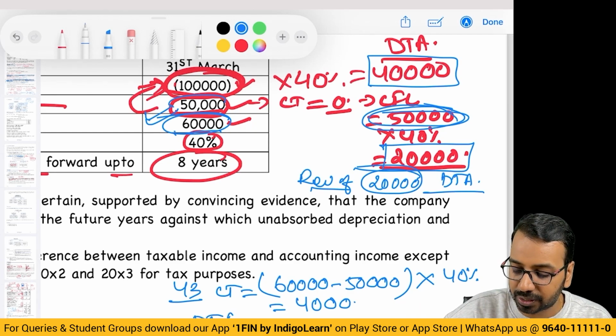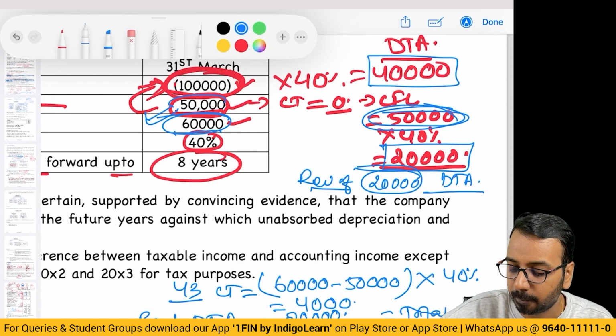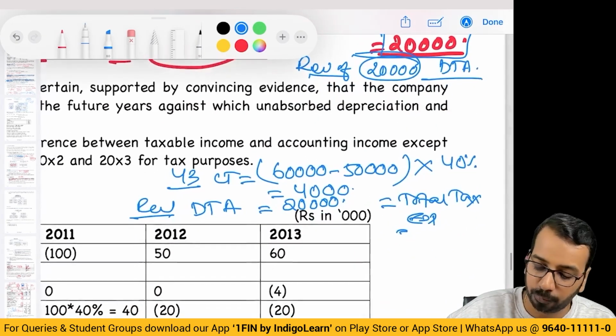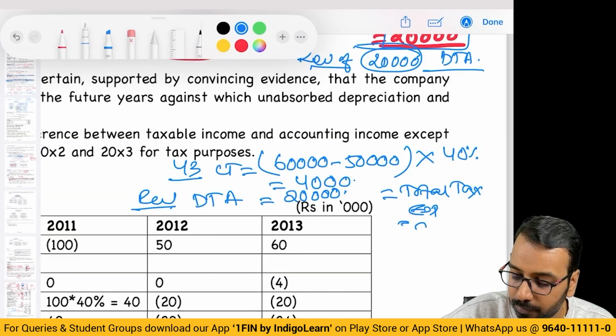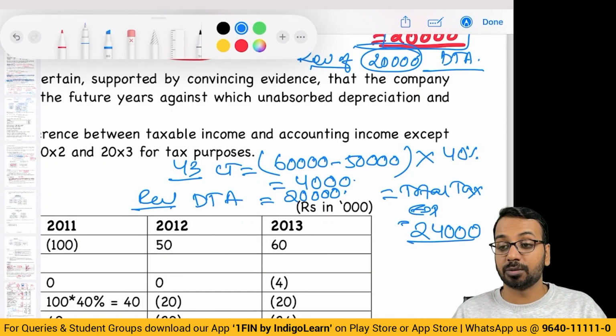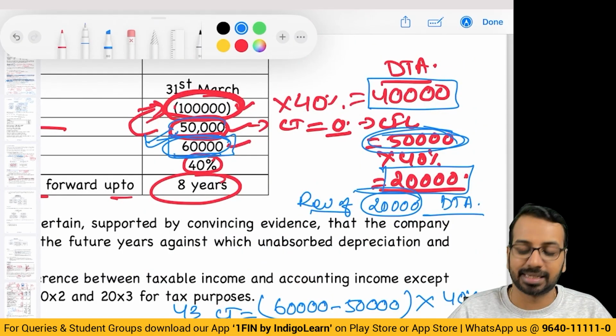So DTA reversal will be 20,000. So total tax expense will be equal to 20 plus 4, 24,000. Total tax expense will be 24,000. That also, see how nicely it gets matched with the 60,000 of profit.